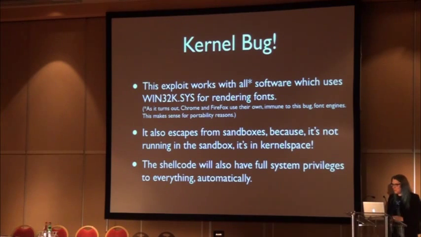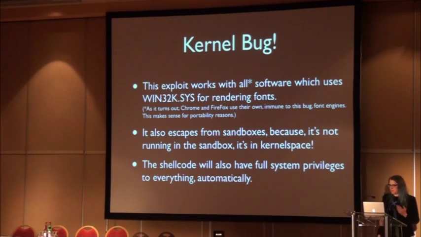So there's this kernel bug. Oh, did I mention? Yeah, there's a kernel bug. It's in the font rendering engine in the kernel, and since it's in the kernel, anything that uses fonts on Windows is vulnerable. So Internet Explorer, Office. It turns out actually Chrome and Firefox have their own engines, so they're not.